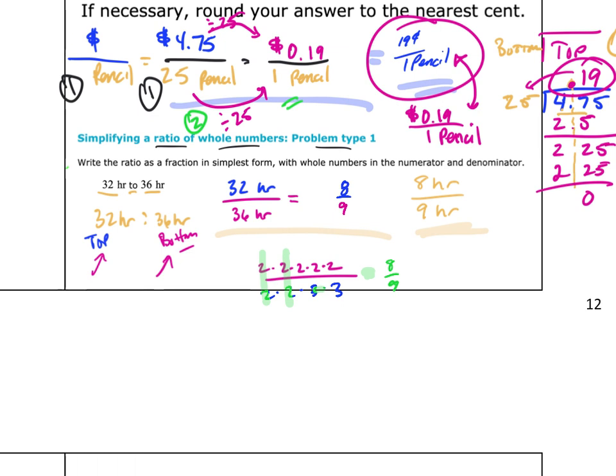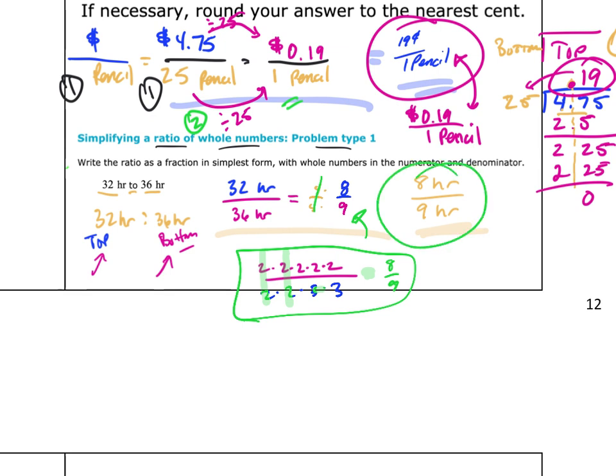Now notice, some of you would have said, oh, that's 4 times 8 and 4 times 9, and the reason you can simplify that is 4 divided by 4 is a 1. So I don't care which way you do it. I'm going to show you how to do this more so you have another tool, and I think you'll see this is easier and has fewer mistakes, but your final answer is you have 8 hours for every 9 hours.